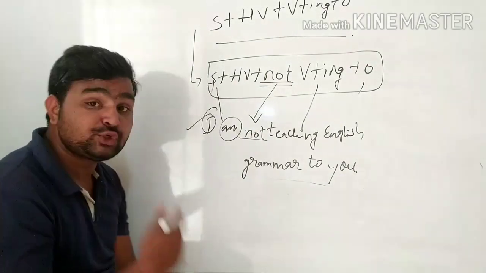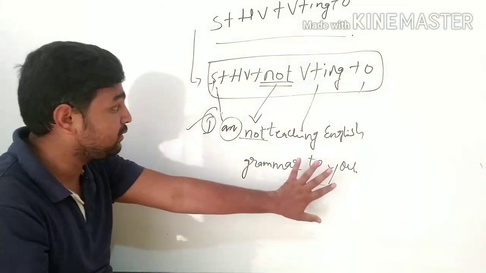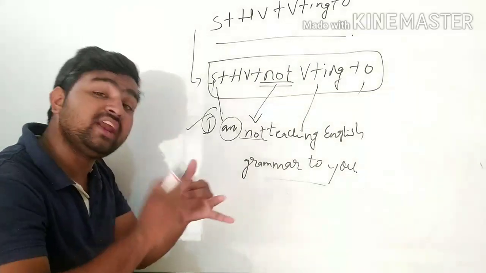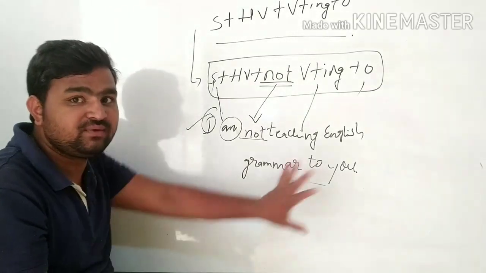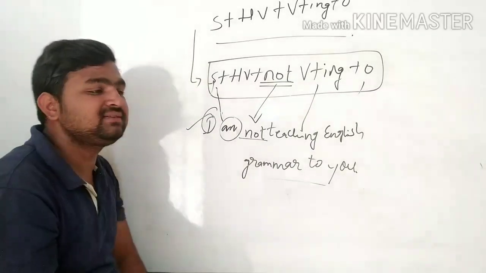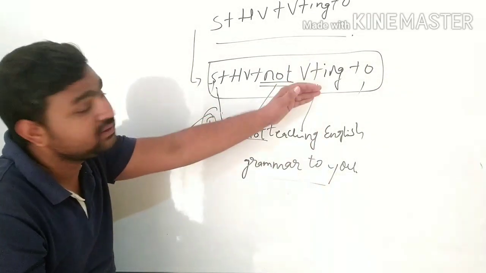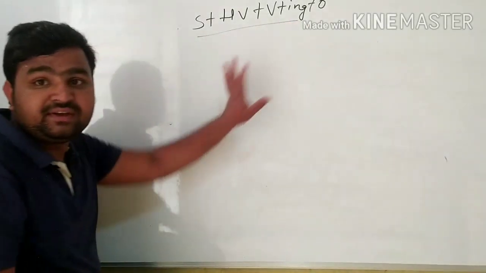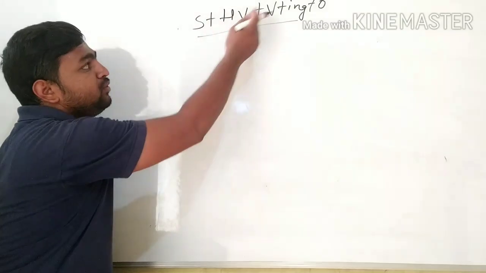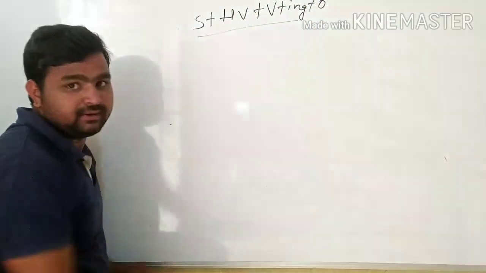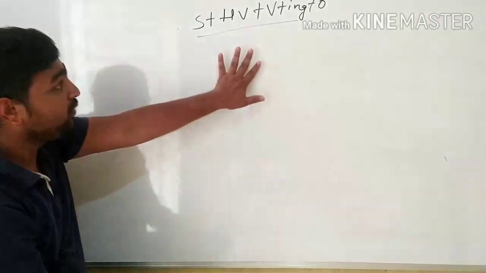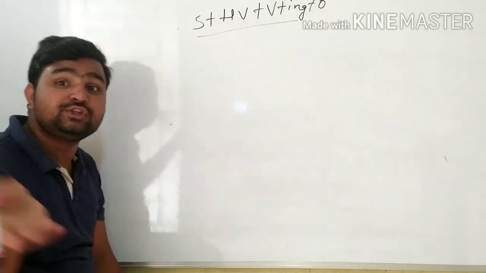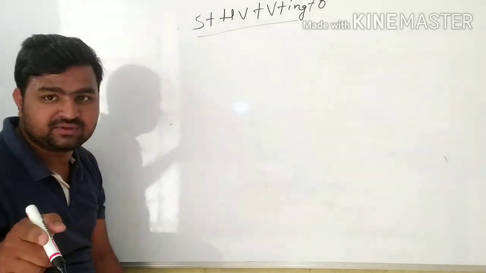Then the next one. As yesterday we discussed simple present tense, in that we discussed positive, negative, then interrogative sentences. Let's learn the interrogative sentence in present continuous tense also. You know this is the syntax of an affirmative sentence, right? Subject, helping verb, main verb plus ing, then object. Now how can we use this syntax to transform the positive sentence into an interrogative sentence?